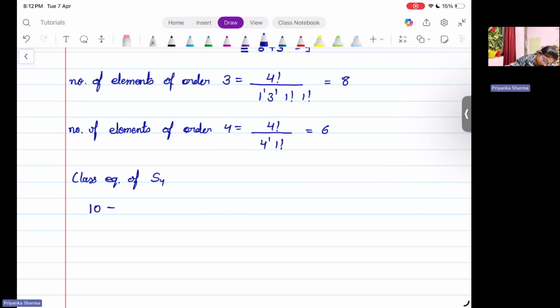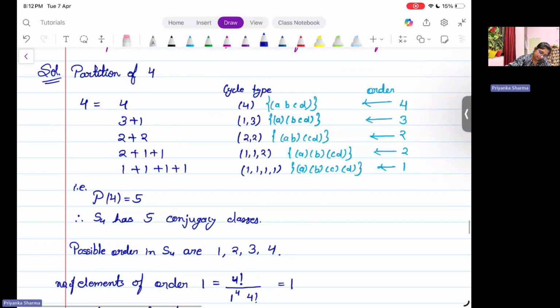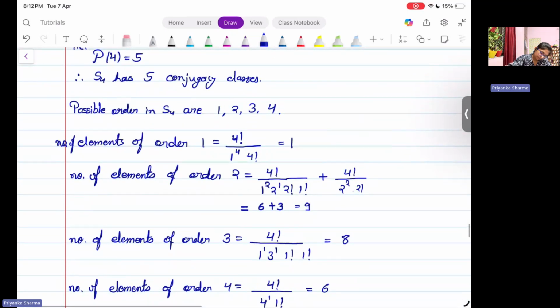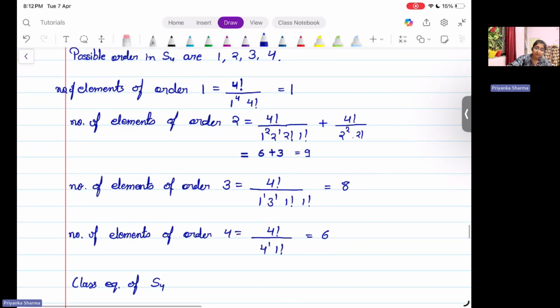For that, we will write this 1 plus, here we don't write 9 because these 6 elements and these 3 elements are coming from different conjugacy classes.